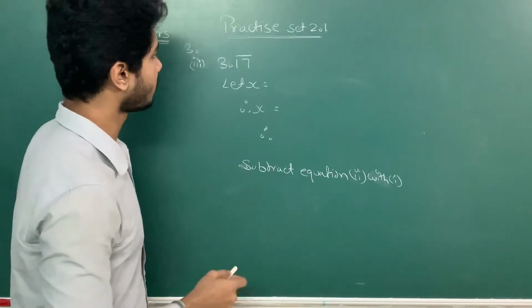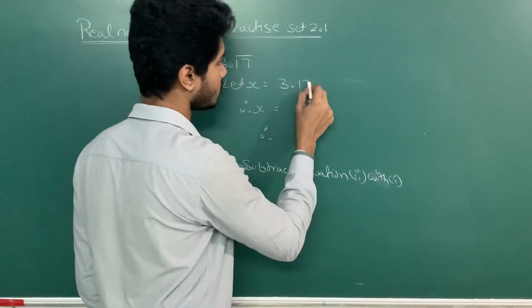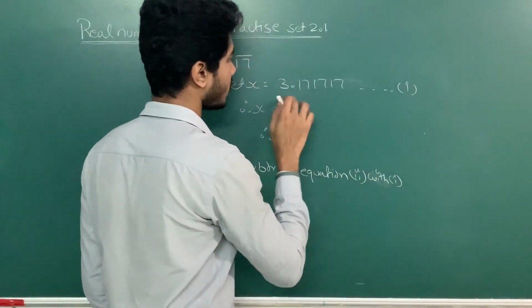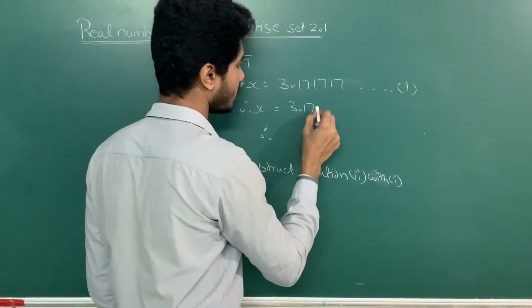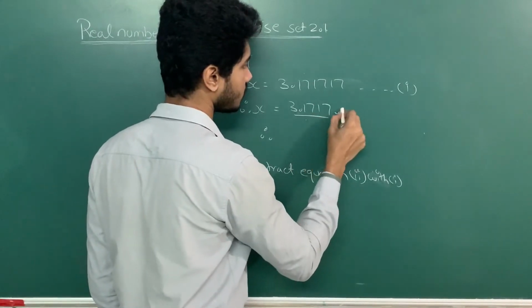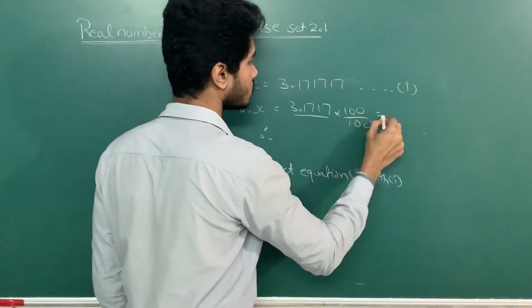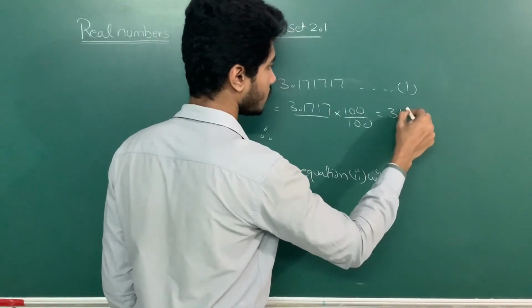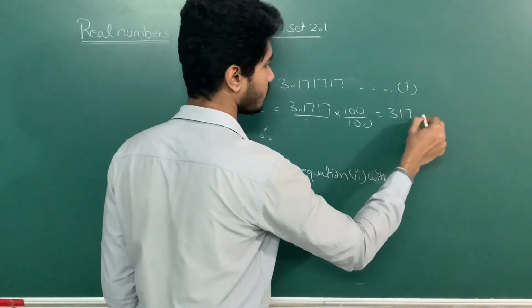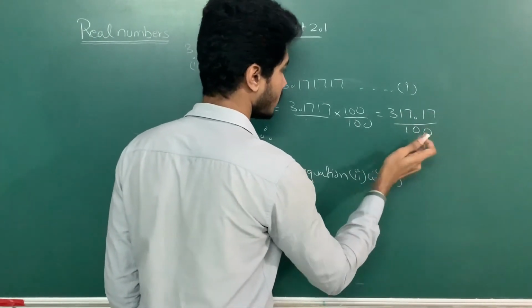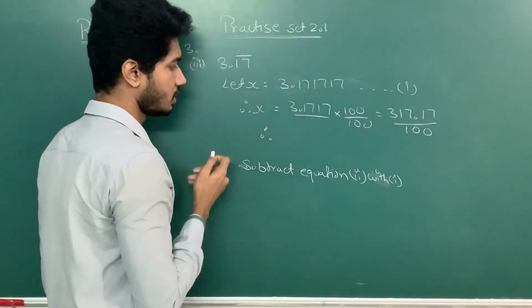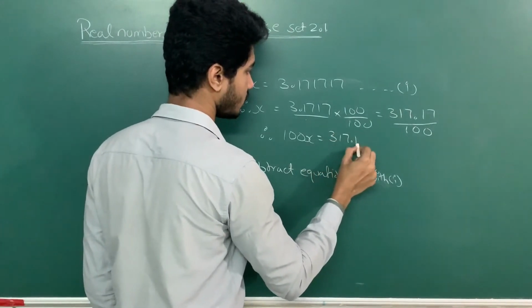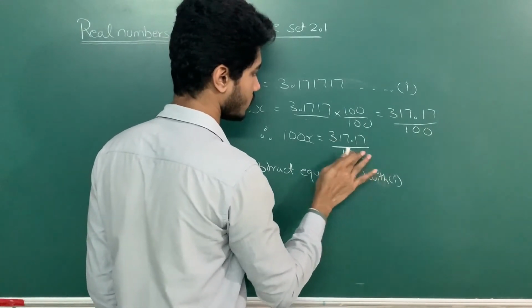Third question, 3.17. So after the decimal, there are two numbers which are recurring. So write this as equation 1. So there are two numbers, so we're going to multiply and divide by 100. So you get 3, the decimal will get shifted to the right side. So you get 317.17 upon 100. Now you're going to shift this 100 towards the x, so you get 100x is equal to 317.17.